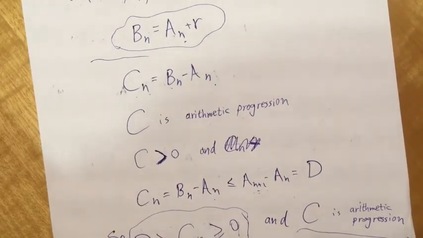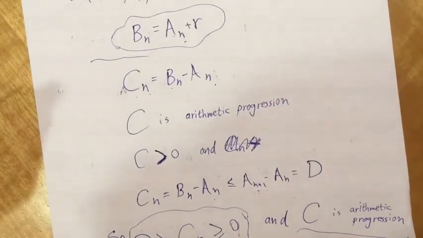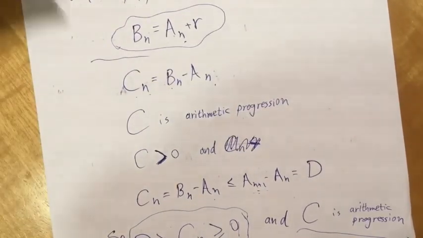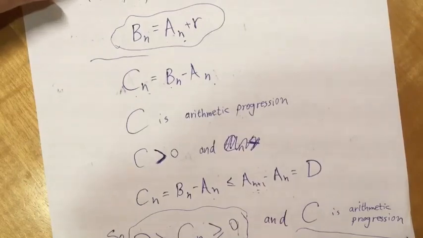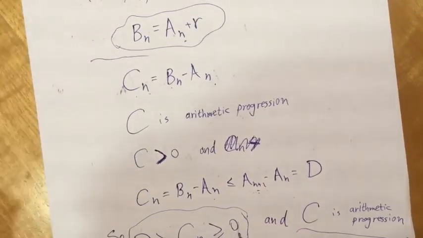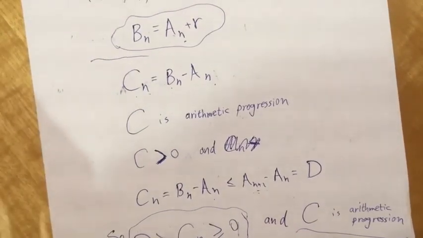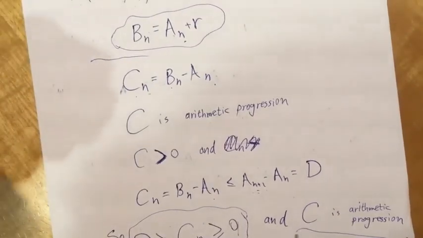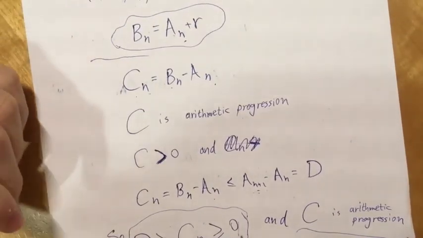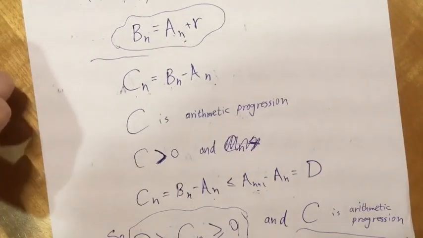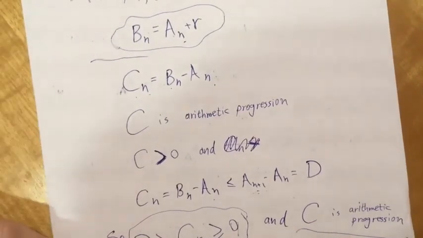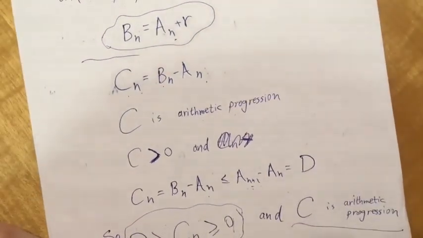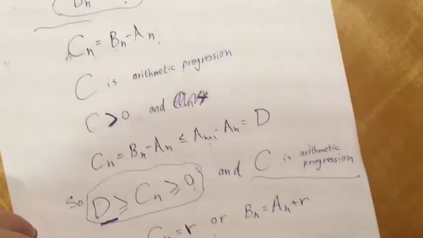What you can learn is that your savings account never grew, because if it was growing, it would surpass this threshold of D, and if it was going down, it would go below 0. But if it's an arithmetic progression, so every day it's getting the same amount, but it never exceeded either 0 or D, then it must be a constant. In particular, Cn equals R, where R is a constant.